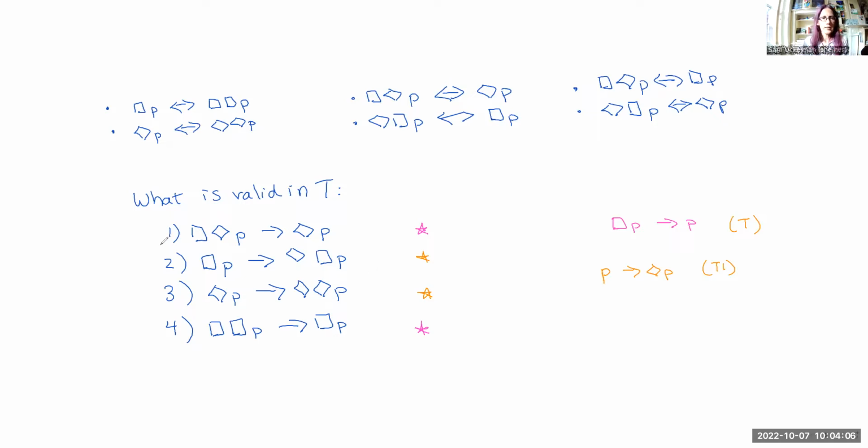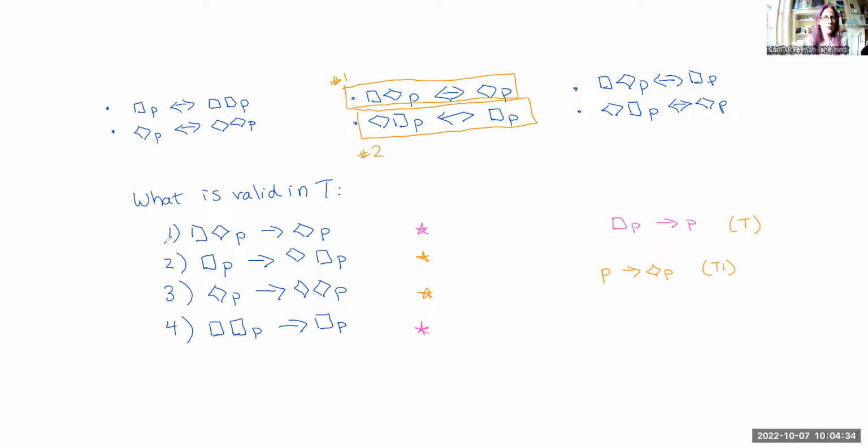But if you look, these are all half of one of these modal reduction principles. So number 1 is half of this one. Number 2 is half of this one. It's the other direction.